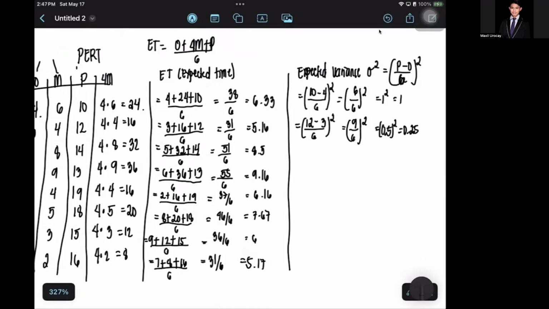So your calculation here will be 2.25 for this category here.